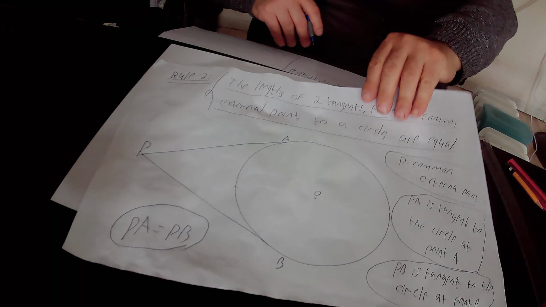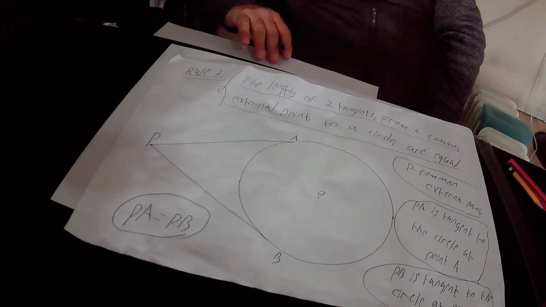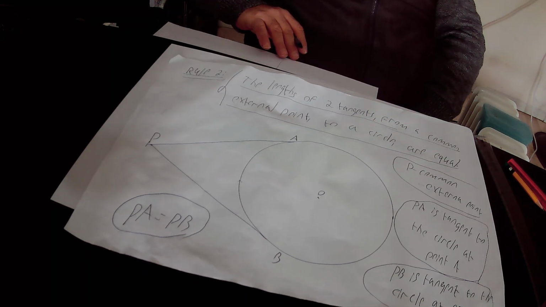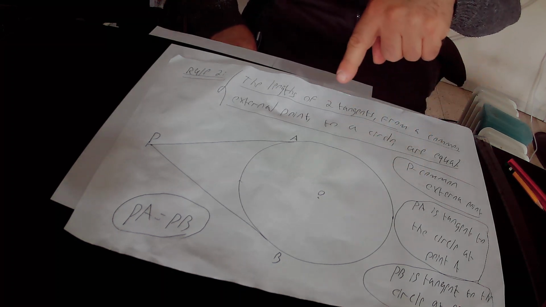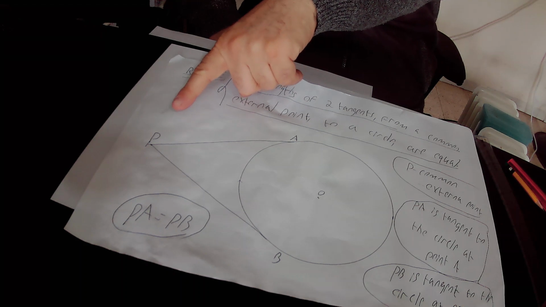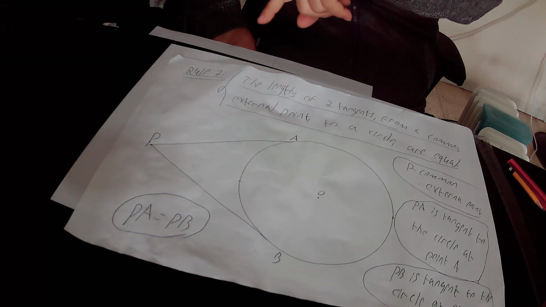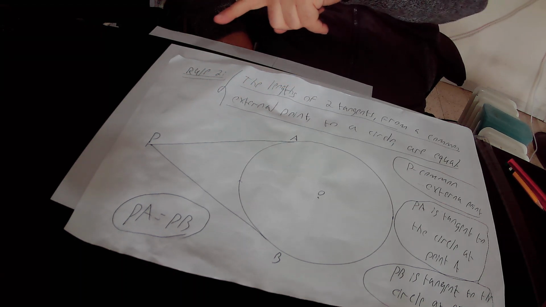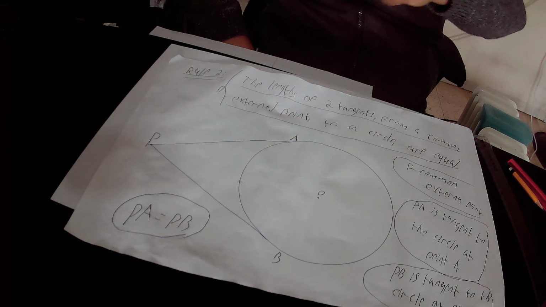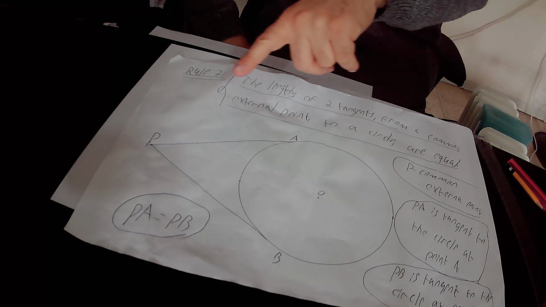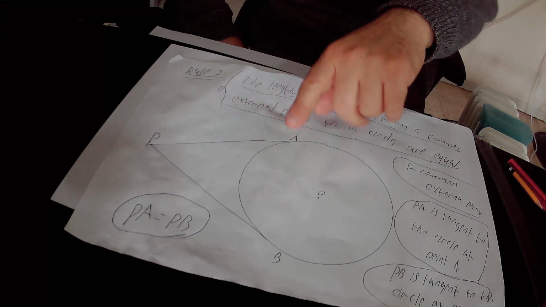According to rule 2, the lengths of two tangents from a common external point to a circle are equal. So in the drawing we have a circle and this common external point, point P. From point P, we have two tangents to this circle, tangent PA and tangent PB. And according to rule 2, they are equal to each other. This is to say PA equals PB.